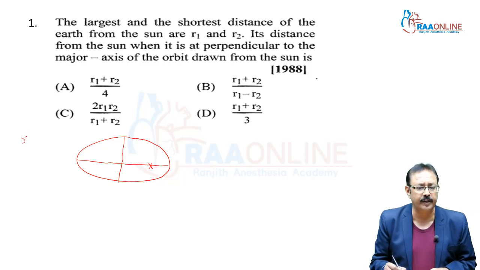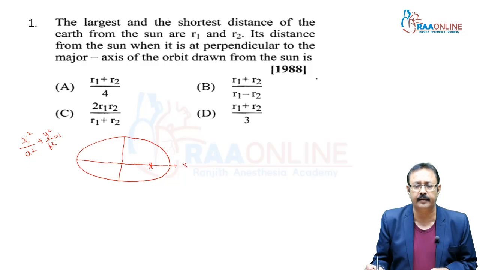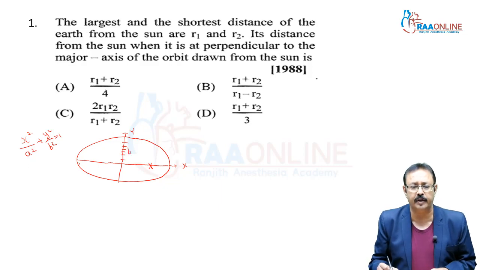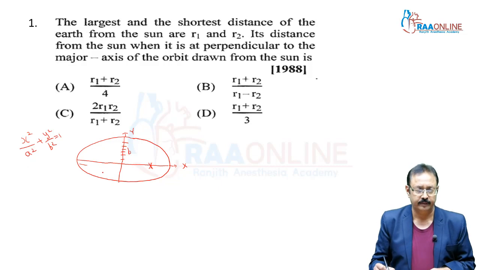You know the equation of ellipse, x square upon a square plus y square upon b square is equal to 1, if the center is 0, 0 and these axes are the x-axis and y-axis. This is the semi-minor axis, its length is b. This is the semi-major axis, its length is a.